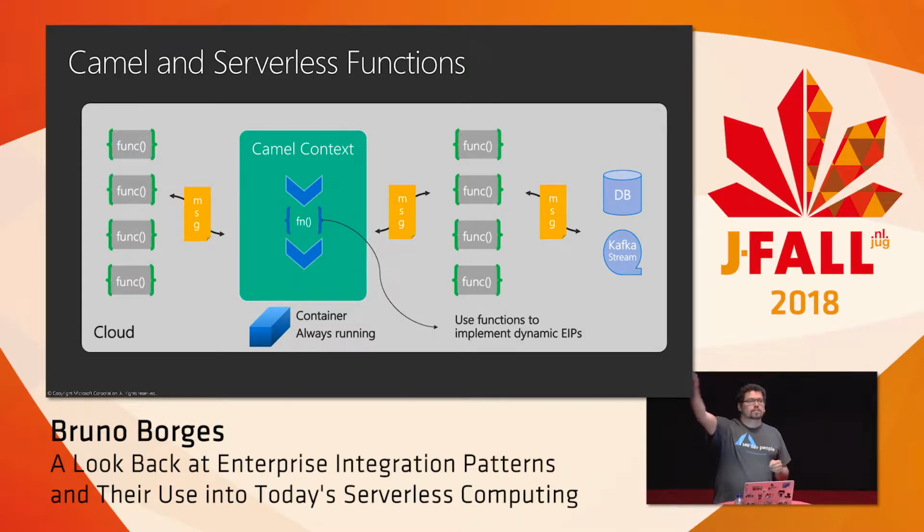And then I'm going to ask a serverless function where to go. And that serverless function might be changed dynamically over time, new routes being added without changing the monolithic Camel application. So that gives you a very dynamic environment where you have very high uptime and availability.